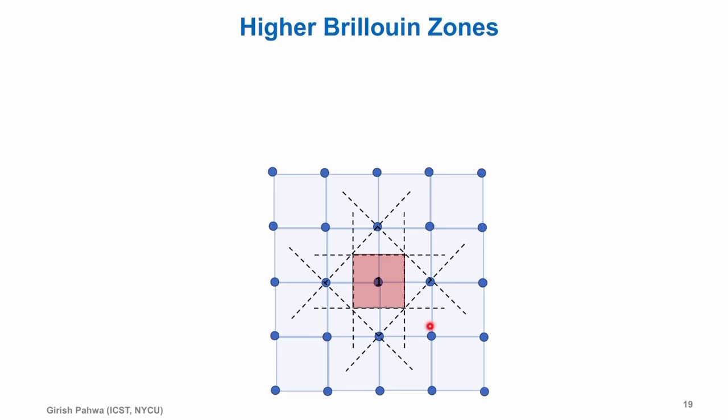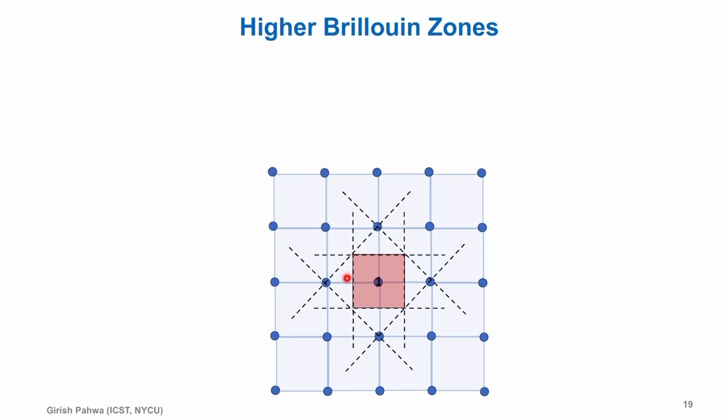Now what is the second Brillouin zone? By definition, it's the region which you can enter from the first Brillouin zone by crossing only one Bragg plane. I'm sitting here, and the second Brillouin zone is a region I can enter by crossing only one Bragg plane, from the first Brillouin zone. If I want to enter from here to here, I'm only crossing one Bragg plane.